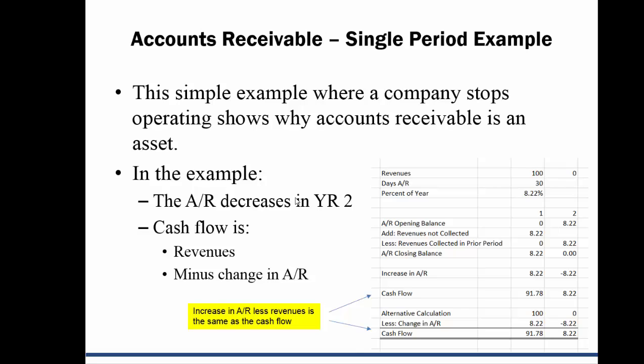So what did I do here? A really simple example of accounts receivable. We make sales of 100. We have 30 days. That means we take 30 divided by 365 and get 8% of the year. That means we don't collect about 8 out of our 100. Our cash flow isn't 100.